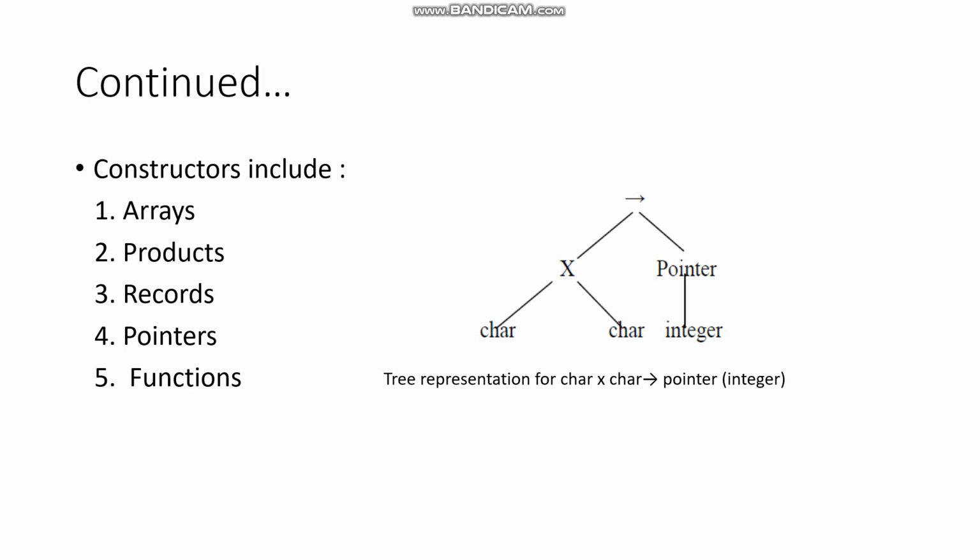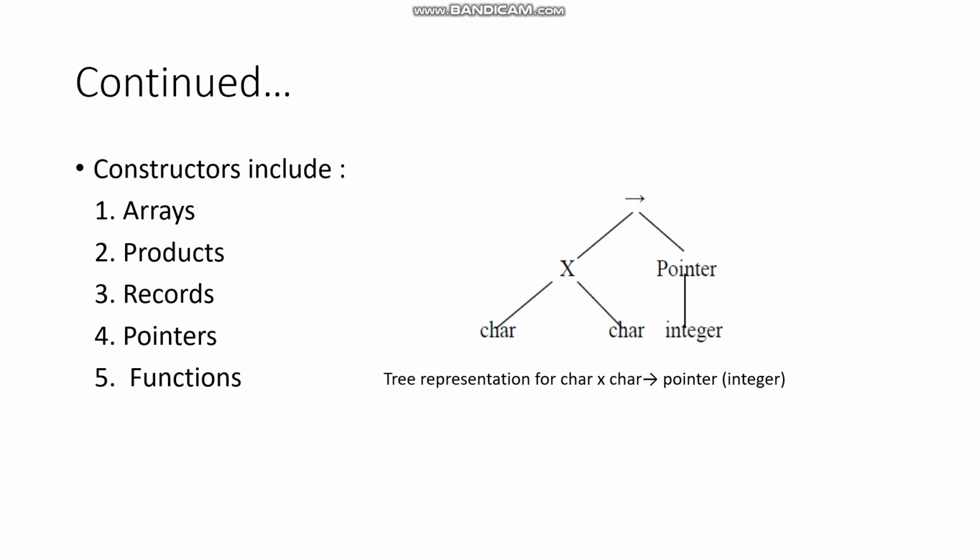The record type constructor is applied to a tuple formed from field names and field types. In a record, I can have arrays, right? Array of records: a particular record can have n number of records, which are specified in the array.